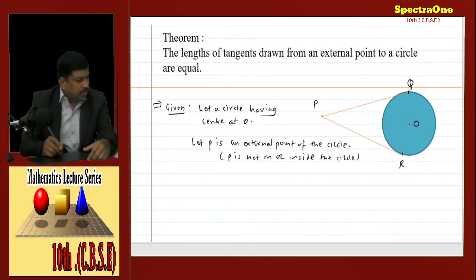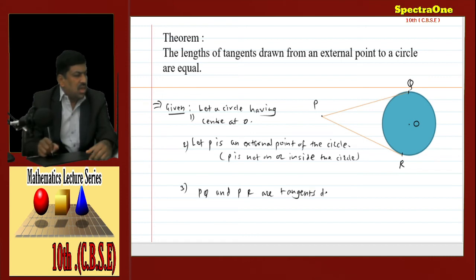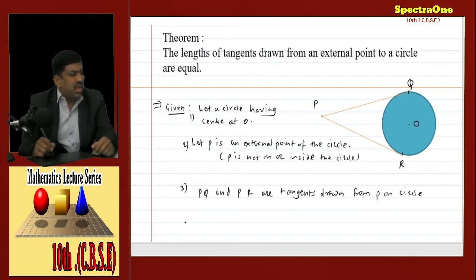These are the given things. One more given thing: PQ and PR are the tangents drawn from P on the circle, which meet the circle at Q and R.